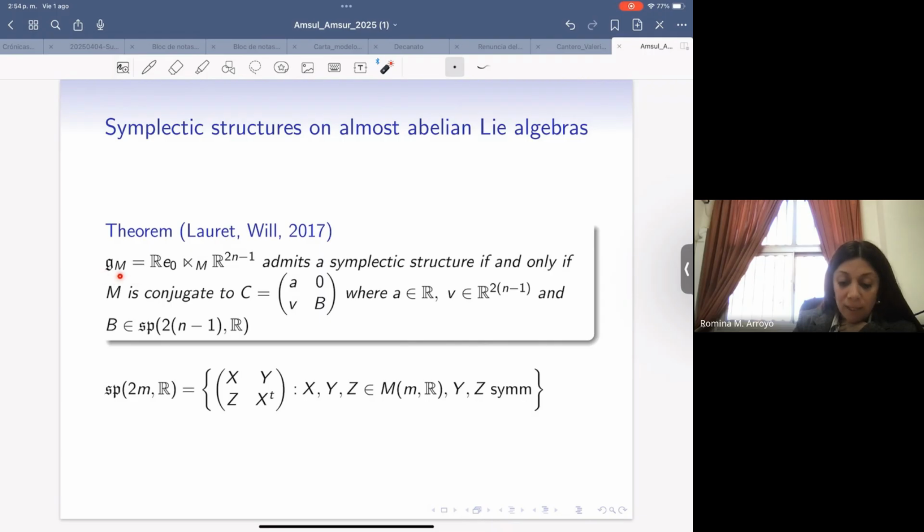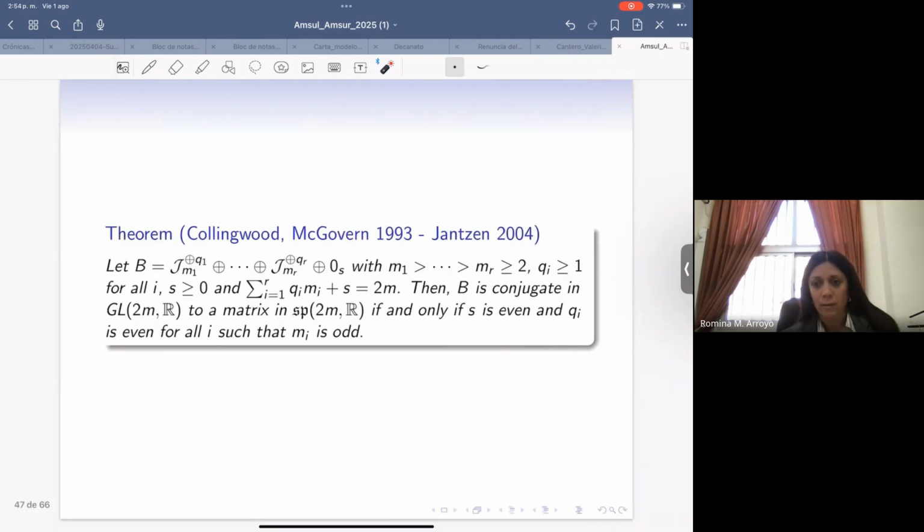An almost abelian Lie algebra admits a symplectic structure if and only if M is conjugate to a matrix of the same form as in the complex case, but now with B lying in sp. Okay, so now we need to understand how the matrices in sp look. Again, we have a result in the nilpotent case.